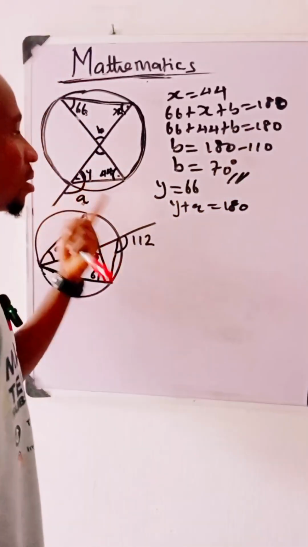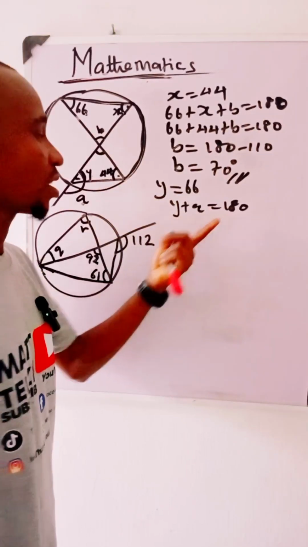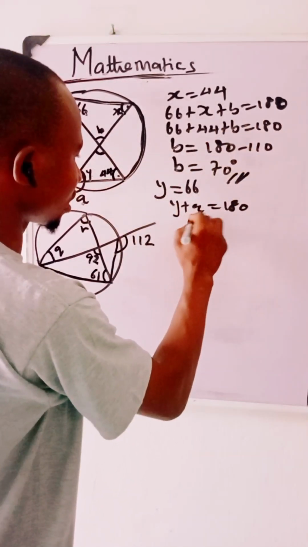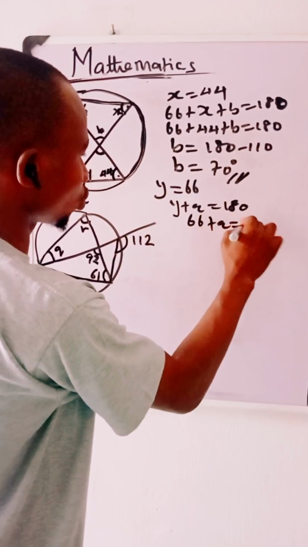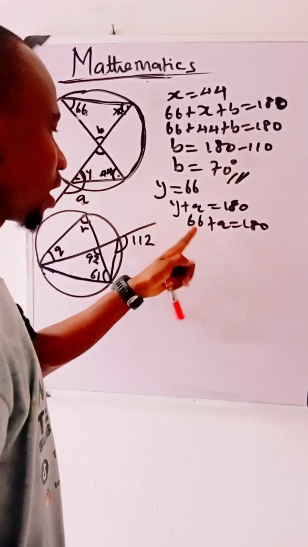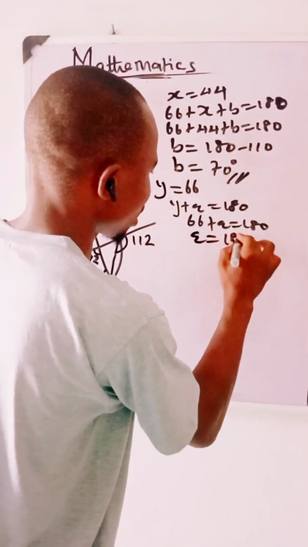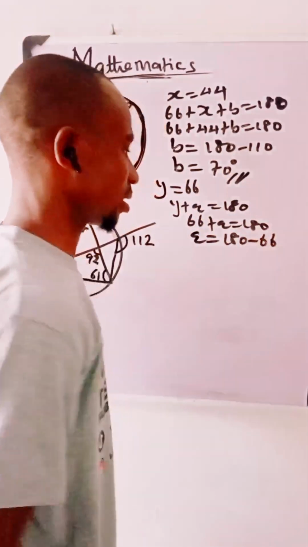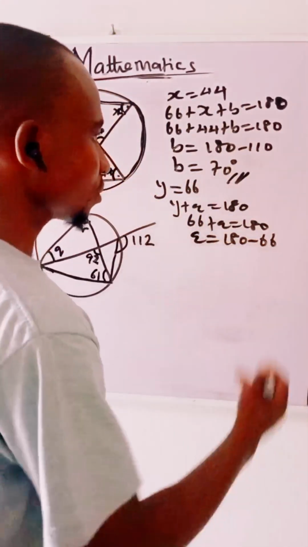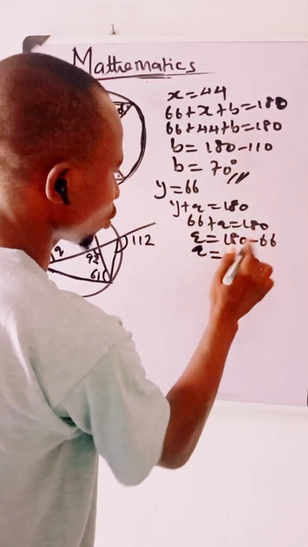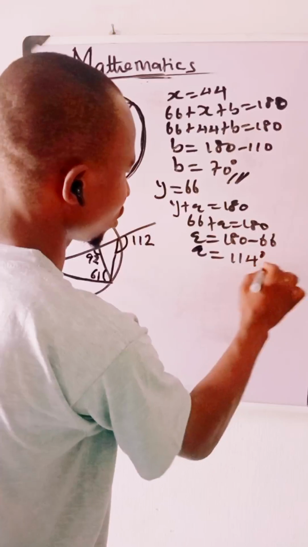That is the sum of angles on a straight line. But I know that my Y is 66, so 66 plus A equal to 180. Carry 66 to this side, I have A equal to 180 minus 66. Subtracting, my A is equal to 114 degrees.